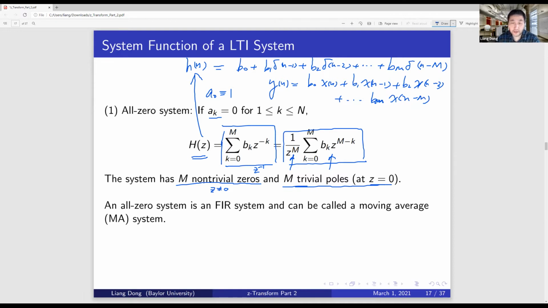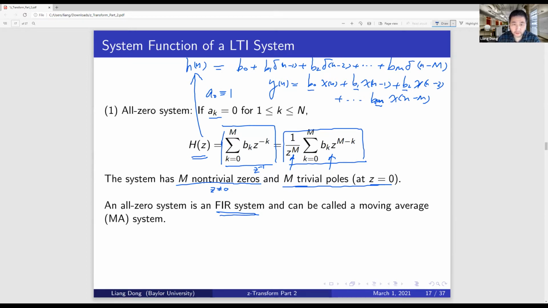This is a convolution, and the convolution coefficients are exactly those b's. So we have the parameter vector b convolved with the input x, and then we get the output. This is a finite impulse response system.